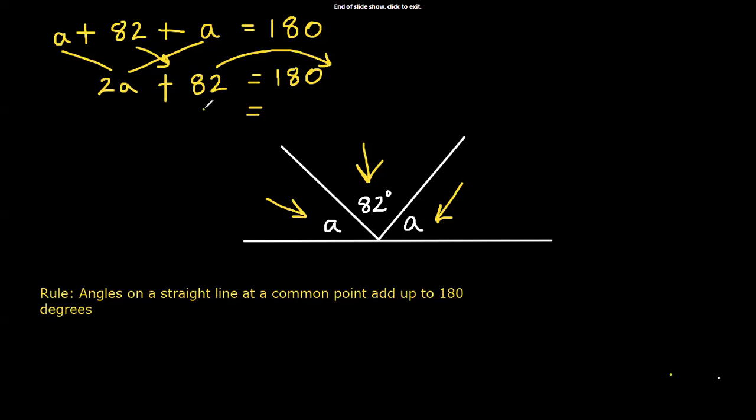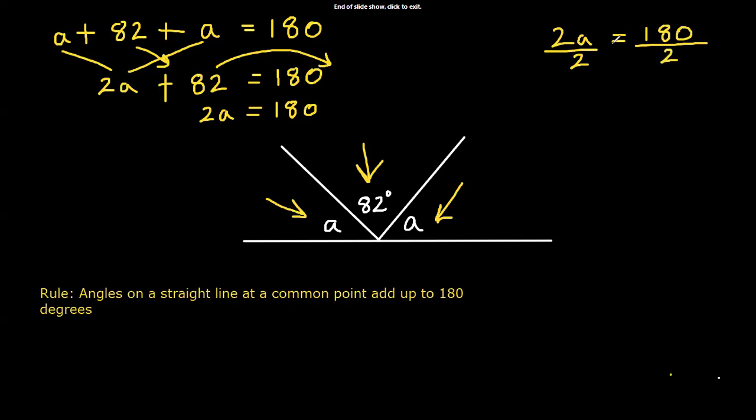So it's gonna be 2A is equal to 180 degrees. If we have 2A equal to 180 degrees, what are we gonna do in order to solve this? Divide both sides by 2. Very good.